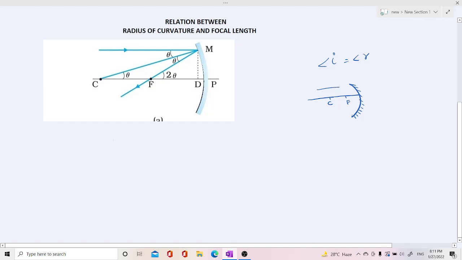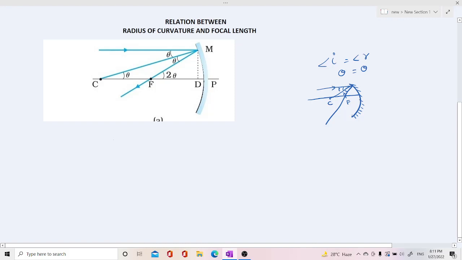When light is incident on this concave mirror, it undergoes reflection and passes through the principal focus. If we connect the center of curvature, you can see this angle of incidence and this angle of reflection. Instead of angle I and angle R, we take theta. That is, theta is equal to theta.